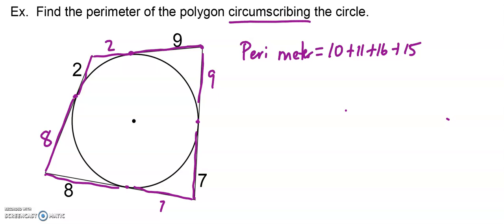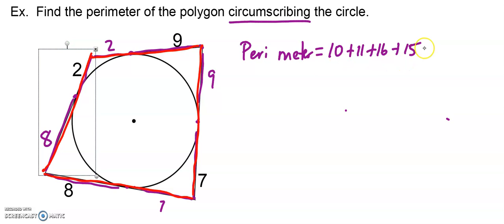So here's my 10, here's my 11, here's my 16, and here's my 15. So summing these together, I would get a length of 52. So that would be your perimeter.